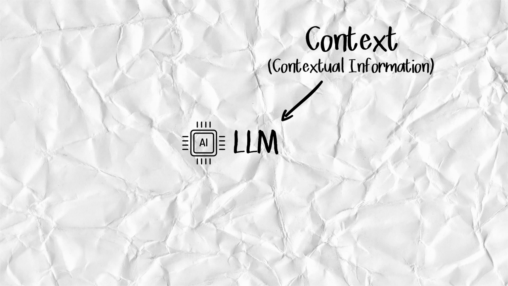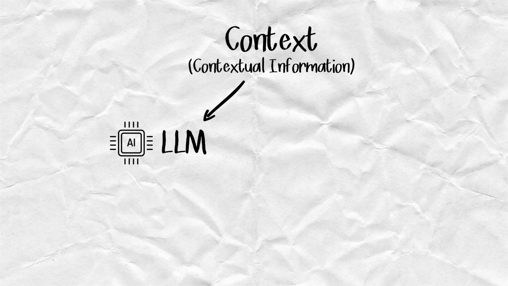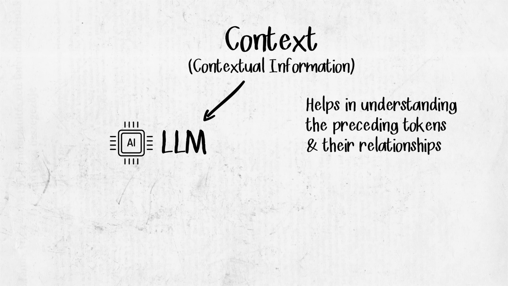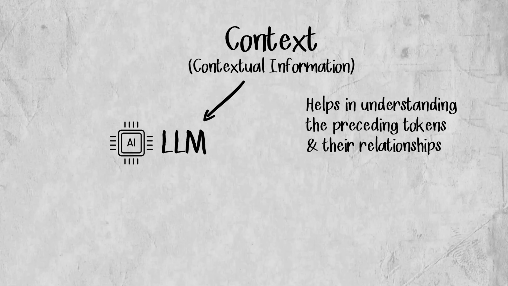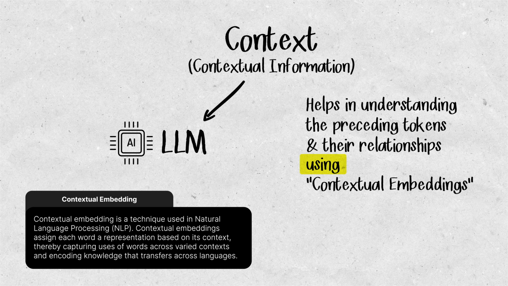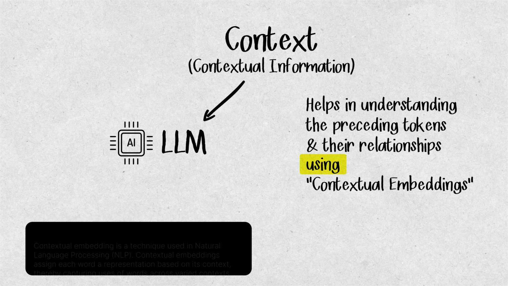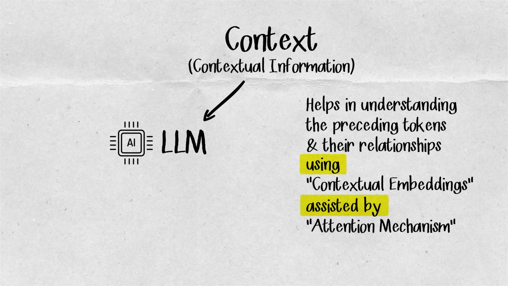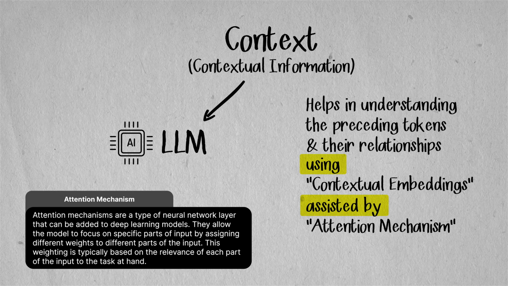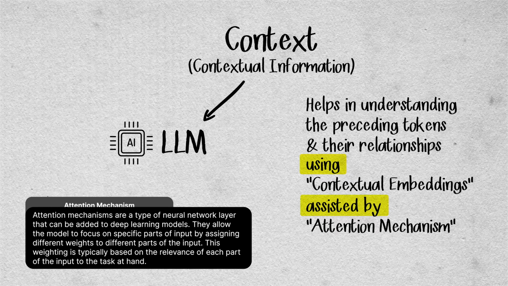Now, what guides these models' understanding is context. Contextual information helps the model understand the prompt by considering the preceding tokens and their relationships. This is facilitated through a concept called contextual embeddings, which capture the meaning within the given context. The attention mechanism then further assists in focusing on the important and relevant parts of the prompt by assigning different statistical weights to different tokens.